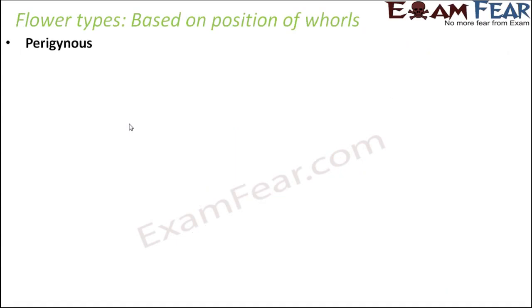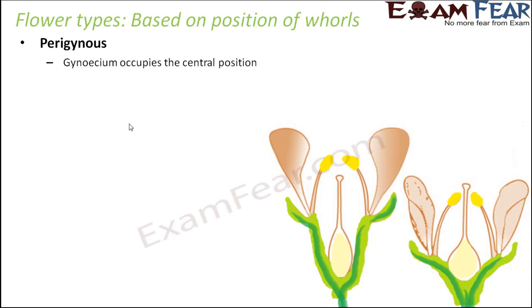And the third type is perigynous. So in perigynous, gynoecium occupies the central position. So it is neither superior, the ovary is neither superior nor inferior. So there can be two types of arrangement. For example, here if you see, the ovary is not below the calyx, right? So it is not at the bottom and it is neither at the top. So it is half inferior ovary. It is not completely inferior, but at the same time it is not superior also.